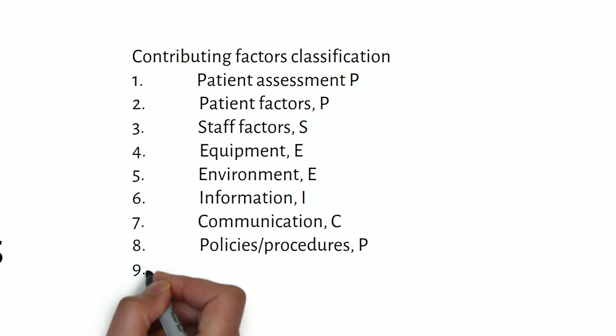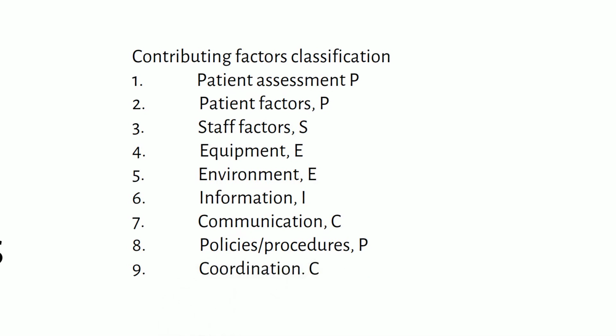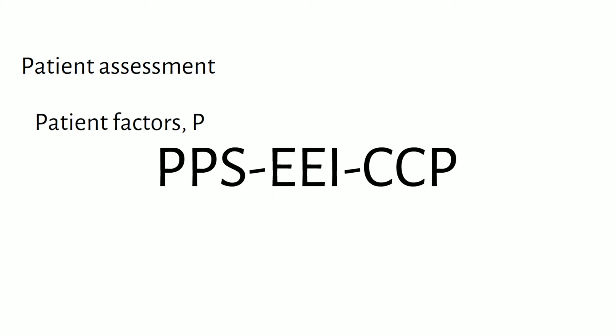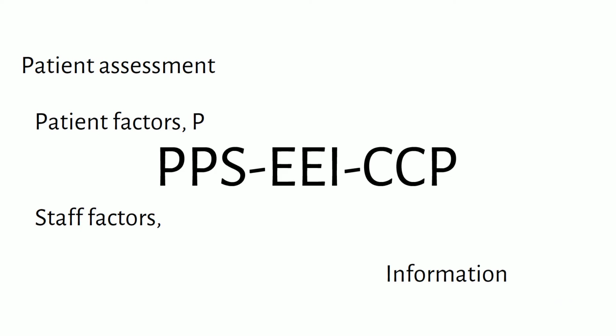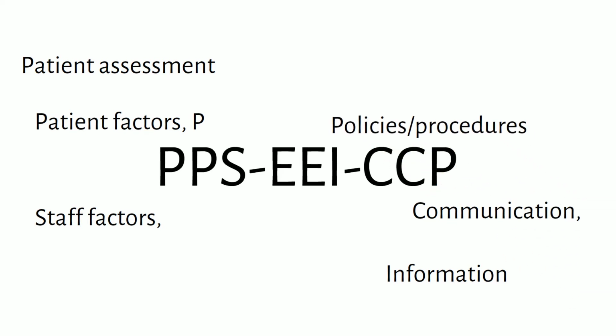These 9 categories have been listed below in order of frequency from the highest numbers to the lowest. If we look at the acronym of these 9 factors, it is PPSEEICCP. If you memorize this acronym, you may find it very easy to list the factors which cause incidents requiring RCA.